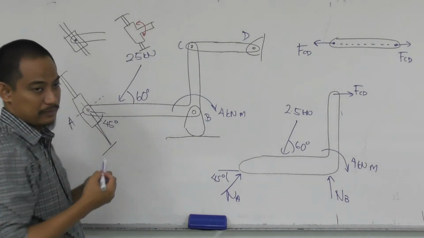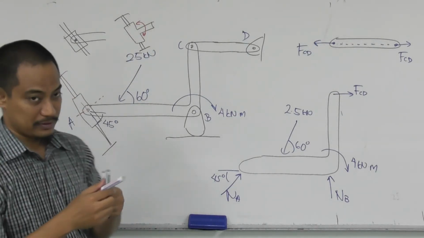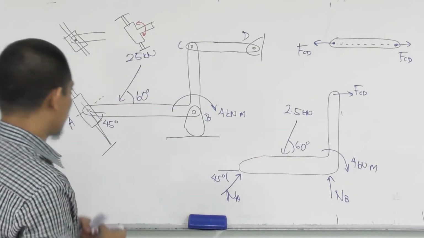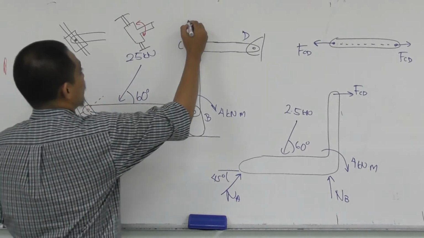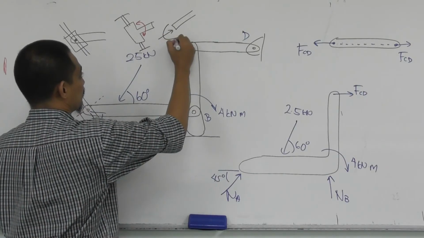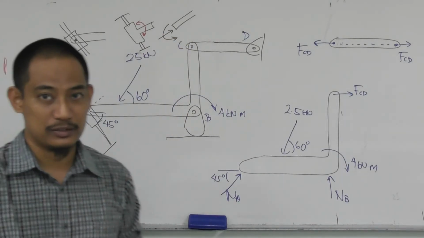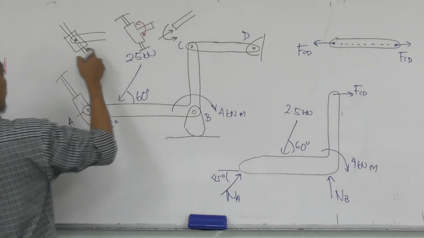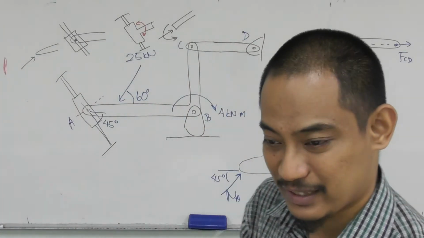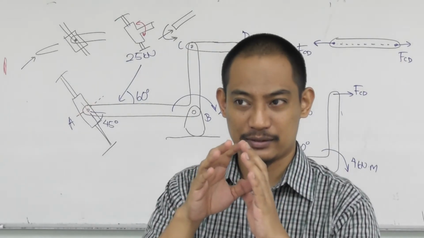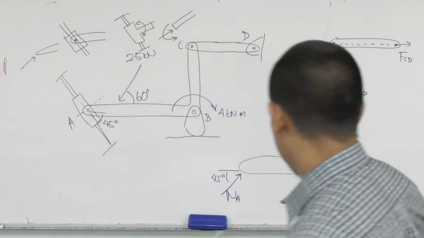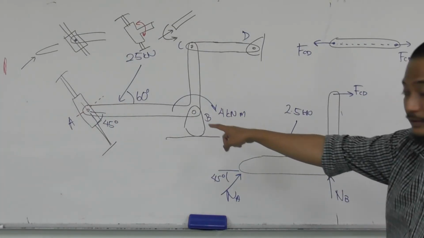You cannot rotate because this one is fixed. Here the rod is at the pin, so it can rotate, but this one is fixed, so it cannot rotate. So when you draw the free body diagram of this one, you have a restriction there, and you also have a restriction in terms of moment. That is different from this one, where you only have one force there and no restriction of moment. So hopefully you understand how to determine the support action that you need to draw in the free body diagram. In the end, you have something like this for this particular question.